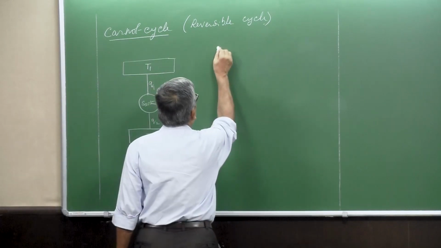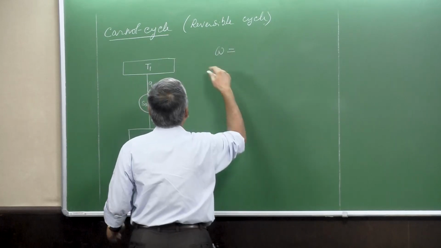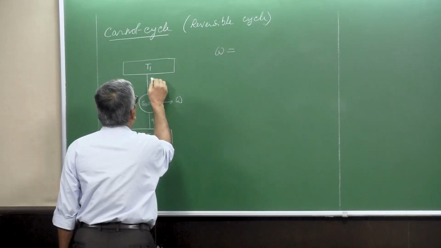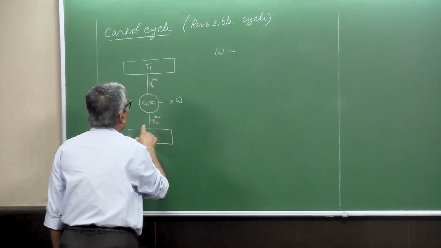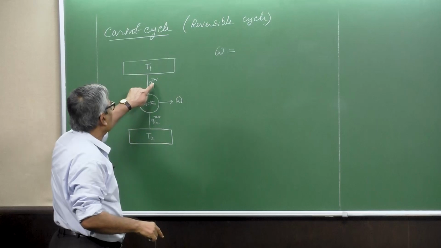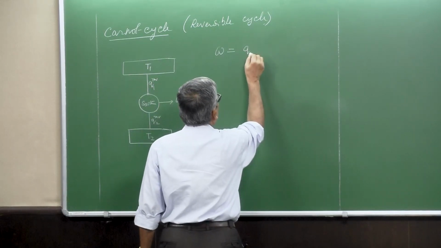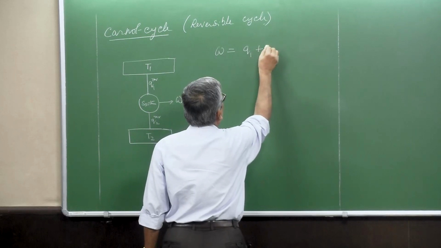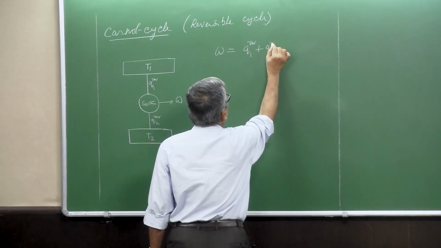So W equals Q reversible, since it operates over a cycle. More specifically, I would write Q1 reversible and Q2 reversible. So basically this is Q1 plus Q2, and for the reversible cycle we attach this.